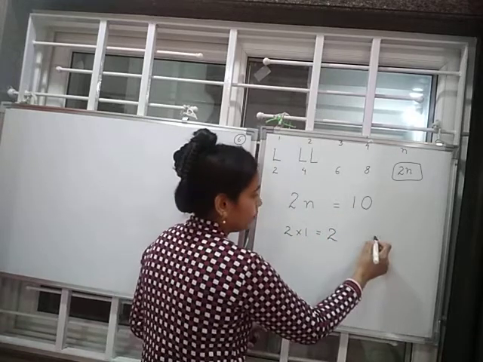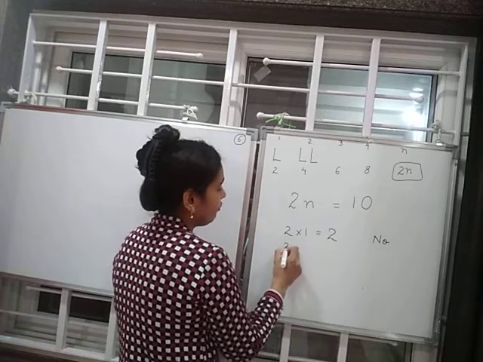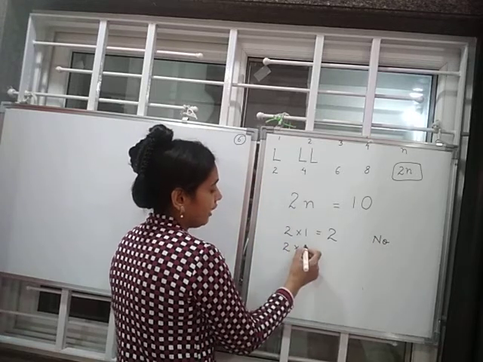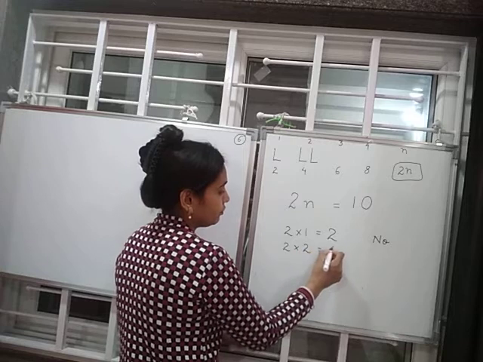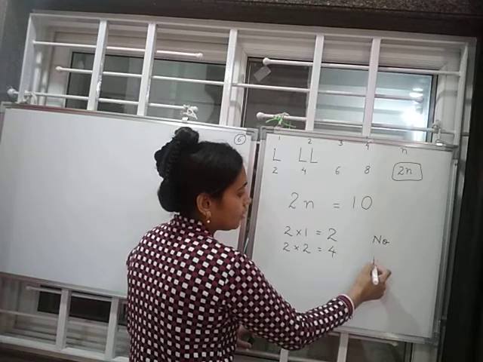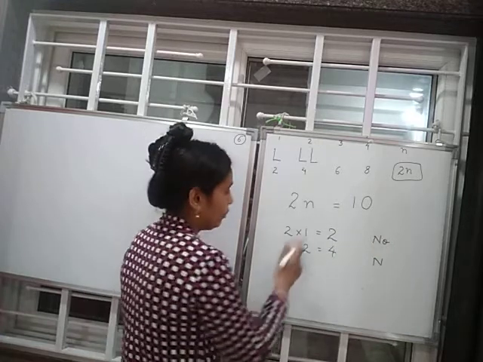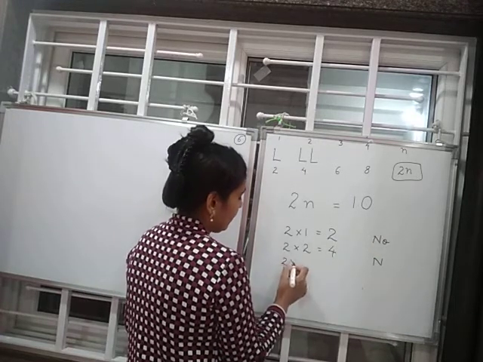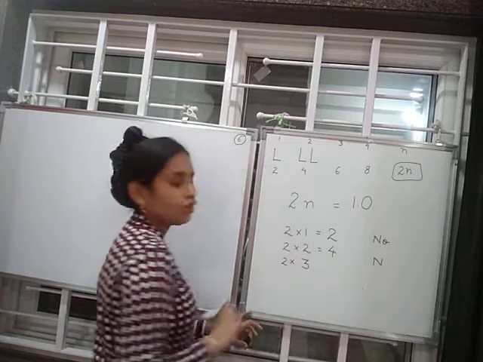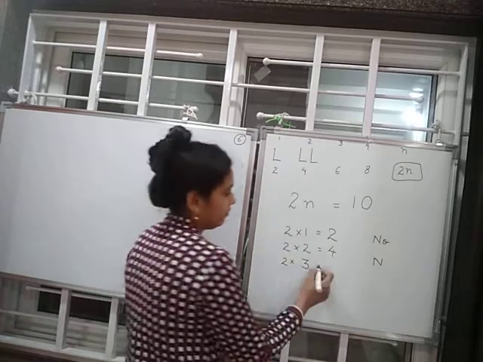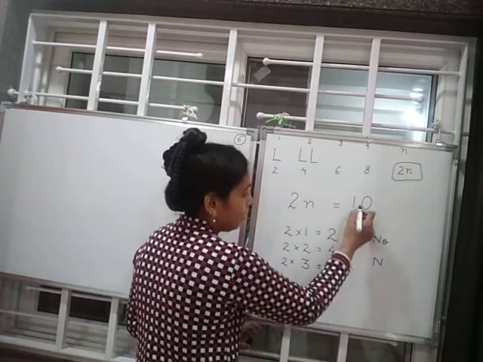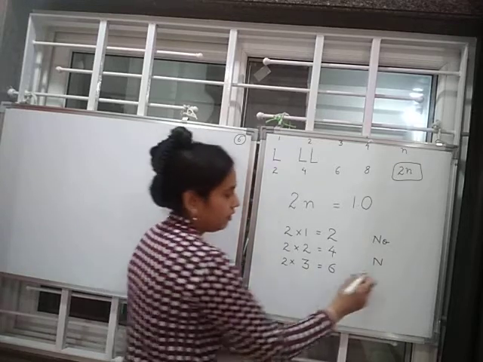No. If in place of n, we put 2, are they equal? This and this, the answer, no. If the value of n, we put 3, are they matching? Again, no.